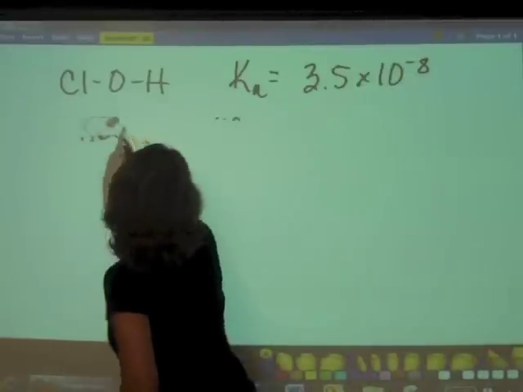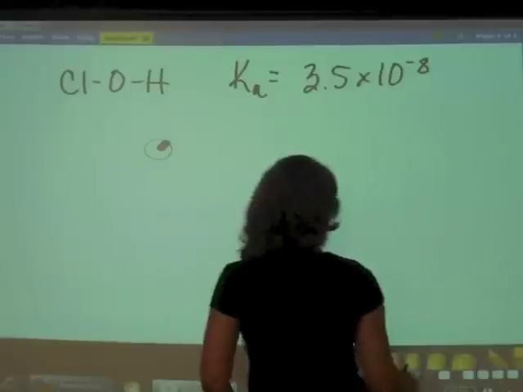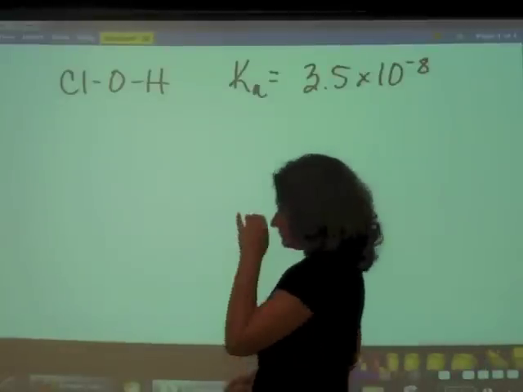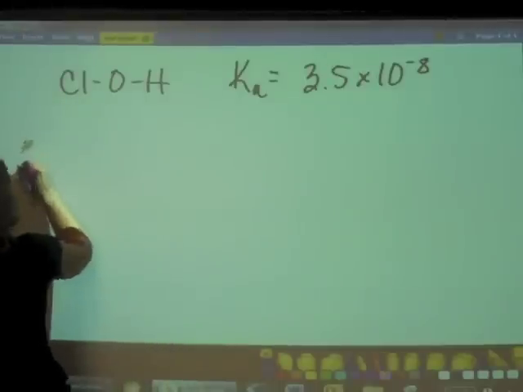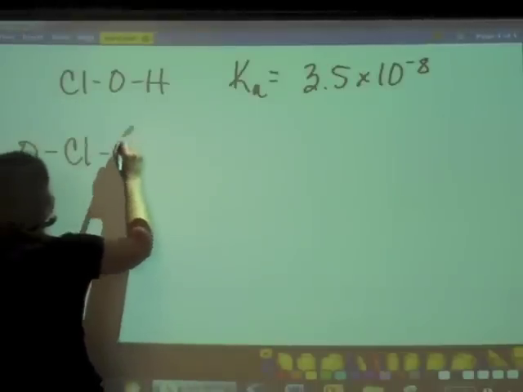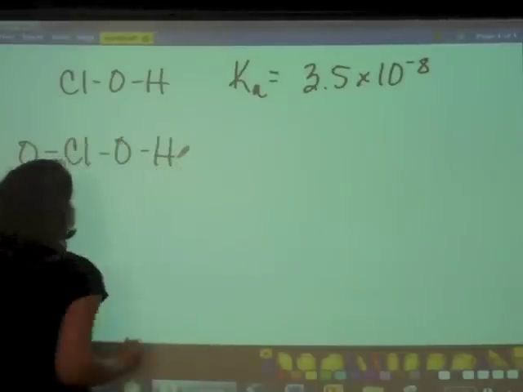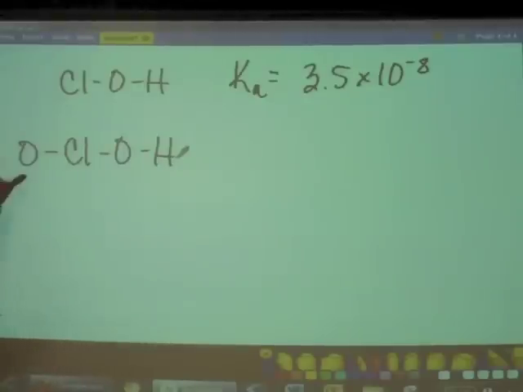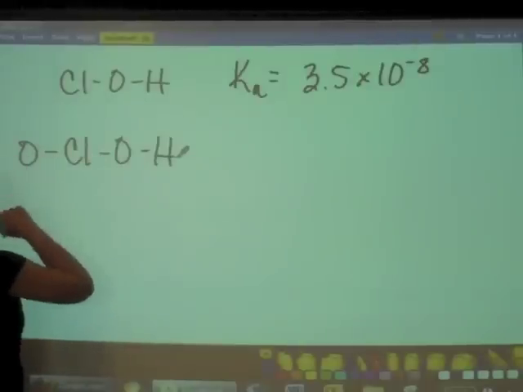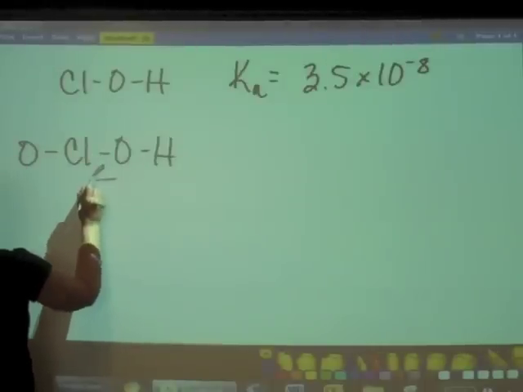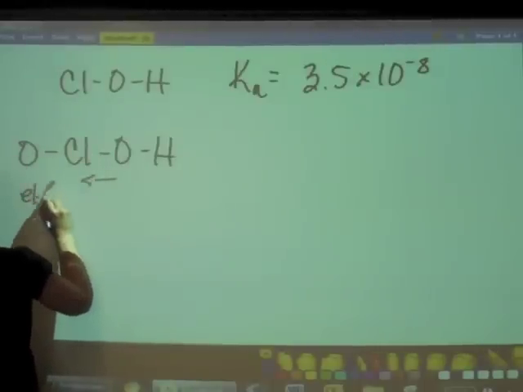All right, now let's continue adding oxygens to this thing. OClOH. Okay, what tends to happen with the sharing of electrons, the more oxygens we have over on this side, it actually pulls the electron density in this direction.